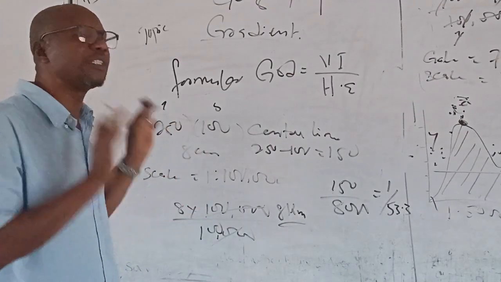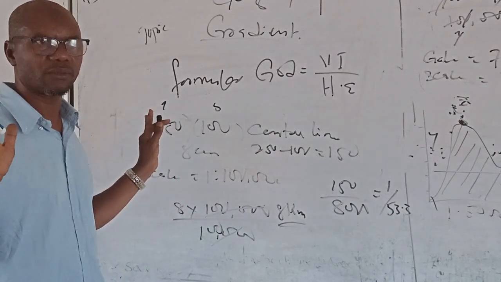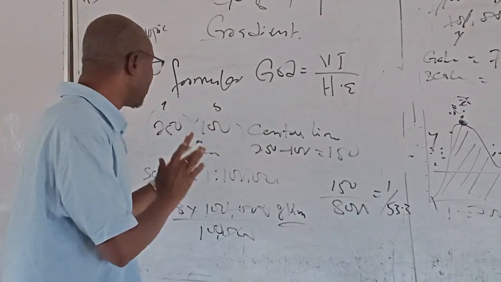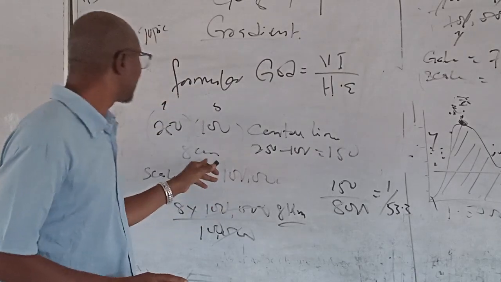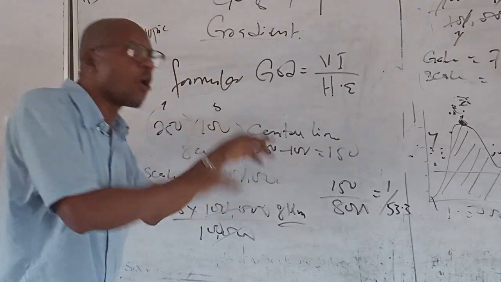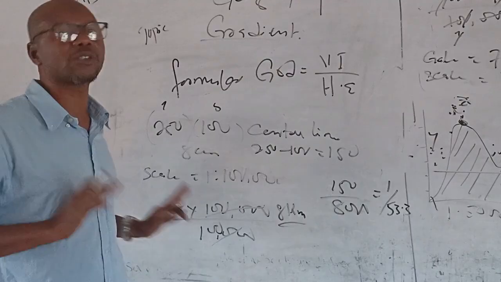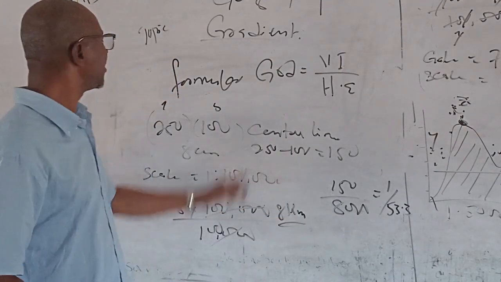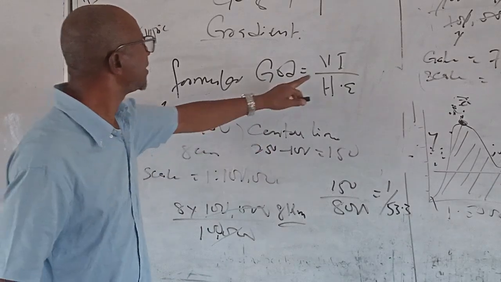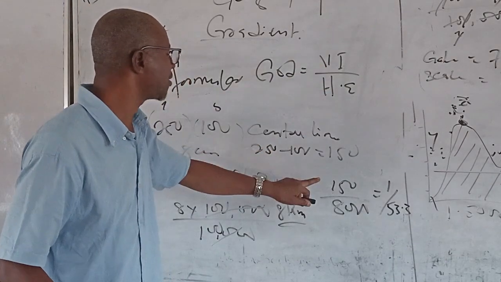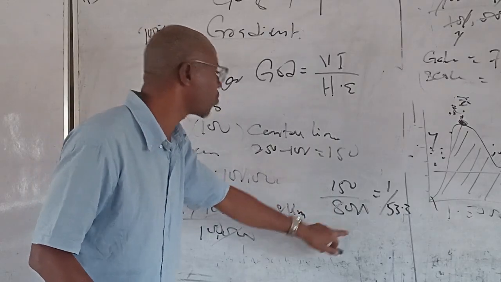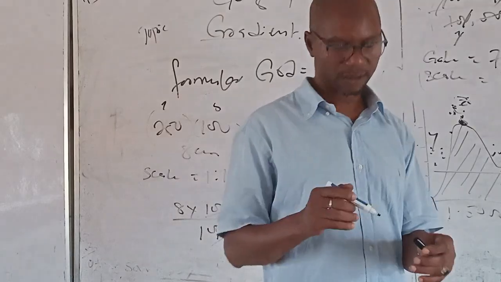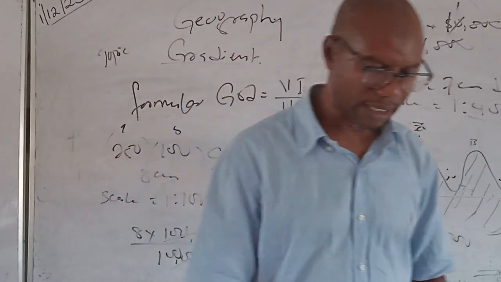First of all, work out the distance, like measuring our school gate to the hostel: this distance in centimeters times the scale of the map, over 100,000. This is constant because we are working on the ground. We have about 8 kilometers. But now, let's go to our formula: vertical over horizontal distance, which means 150 divided by 800,000. When it comes out, we have 1 ratio 53.3. So that's the gradient.